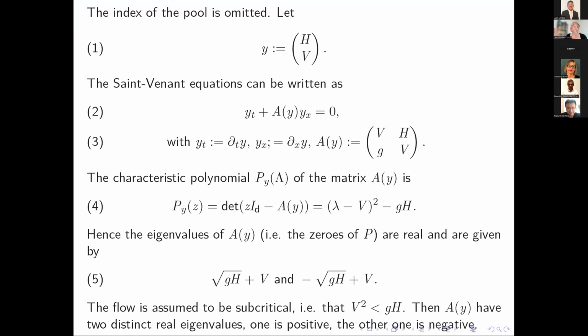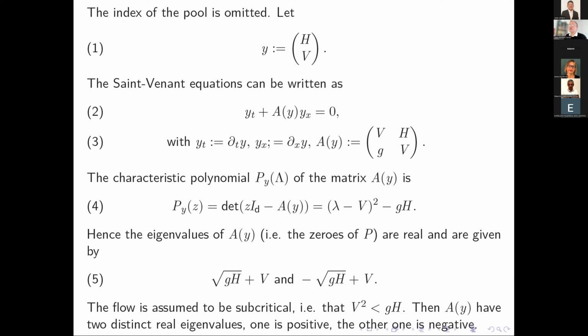So you can write it in a more compact form. You consider y, which has two components, h and v, and you write the two equations as y_t, the derivative of y with respect to time, plus A(y) y_x is equal to 0. And A(y) is a 2 by 2 square matrix, and the components are v, h, g, v.